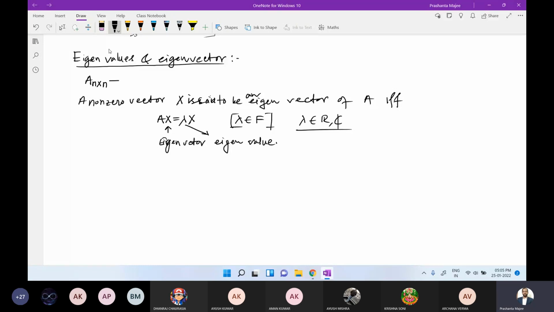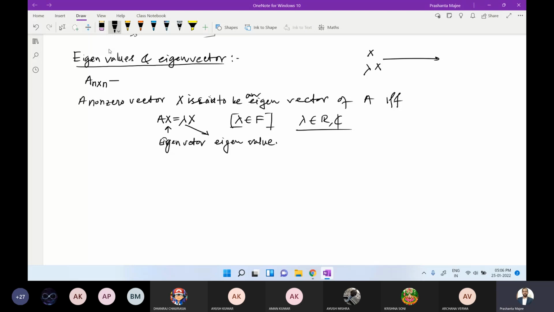So you see lambda times x and the original vector x, do they change direction? Are they changing direction, x and lambda x, if lambda is a real number or complex number? No, sir, it is not changing its direction. They are in the same direction. Since x is multiplied by lambda, x and lambda x will be of different size, is it not?